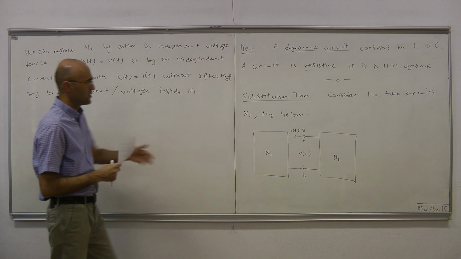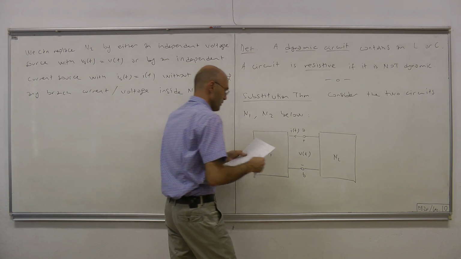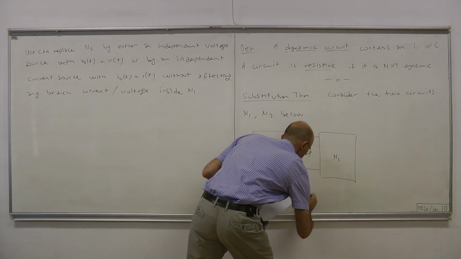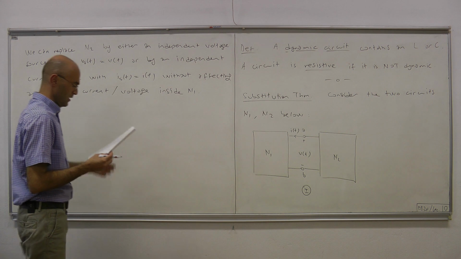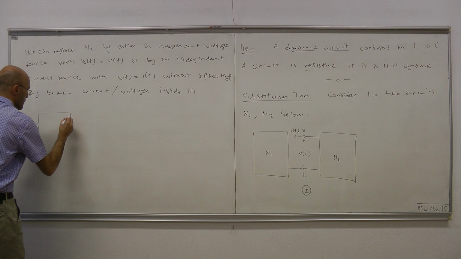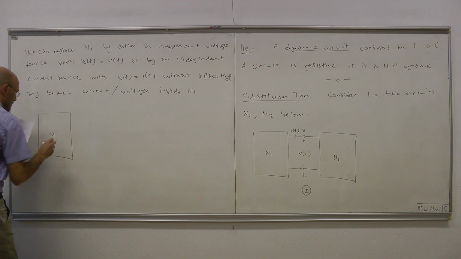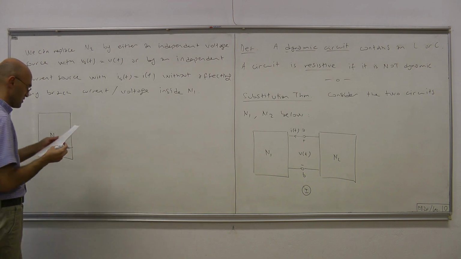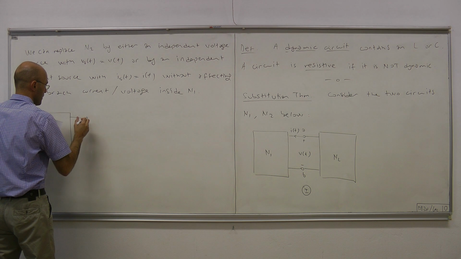Suppose that this is the original configuration. Let's call it configuration or circuit 1. Okay. And then here the claim made by the substitution theorem is take N1, the same sub-circuit over there.